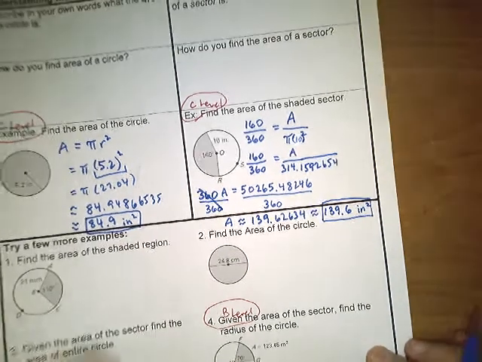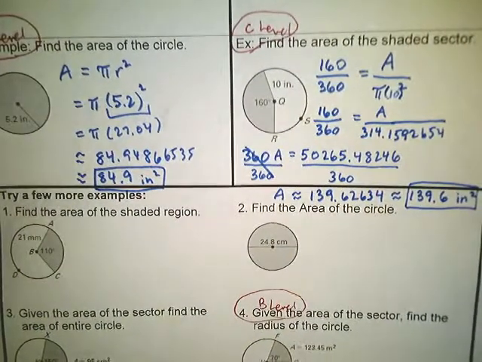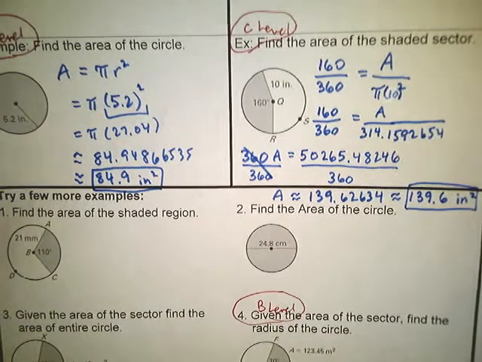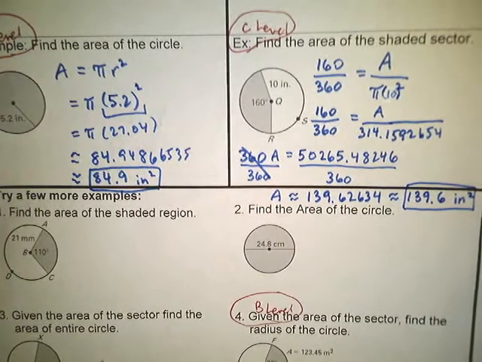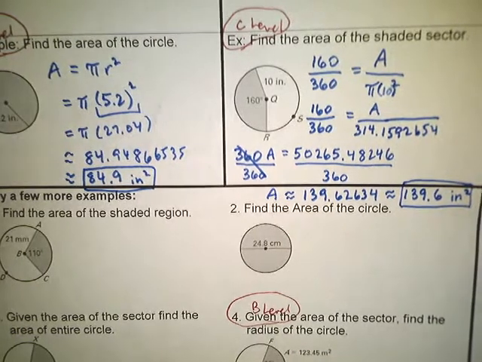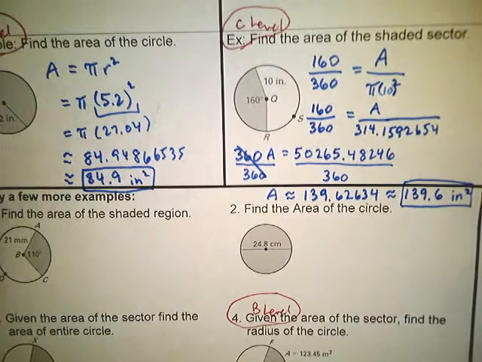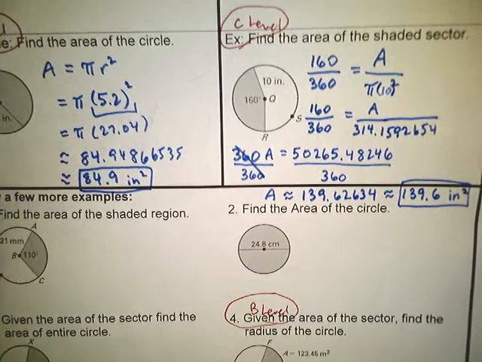So I'll hold these up a little larger so everybody can see them better. So those are the two solutions, or the last two solutions for the C level. So if you want to pause the video now so everybody can write these down, make sure everybody has them all written down. Go ahead and pause now.